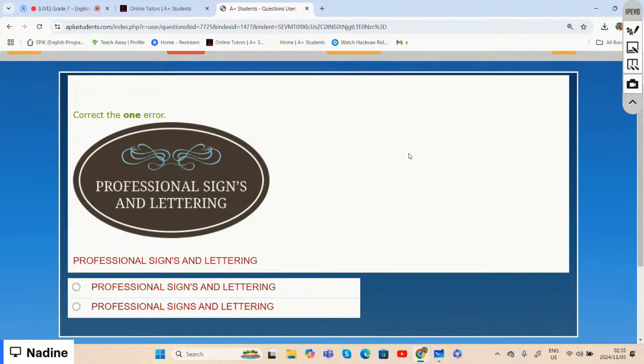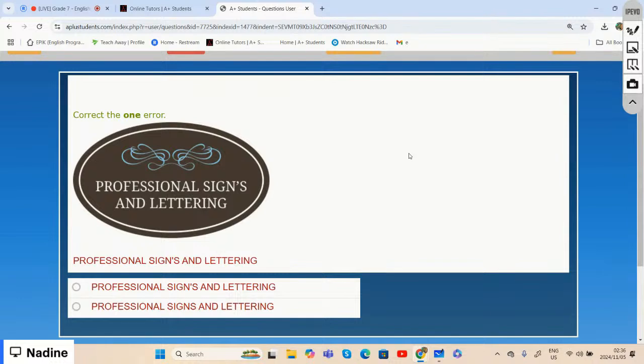It says professional signs and lettering.